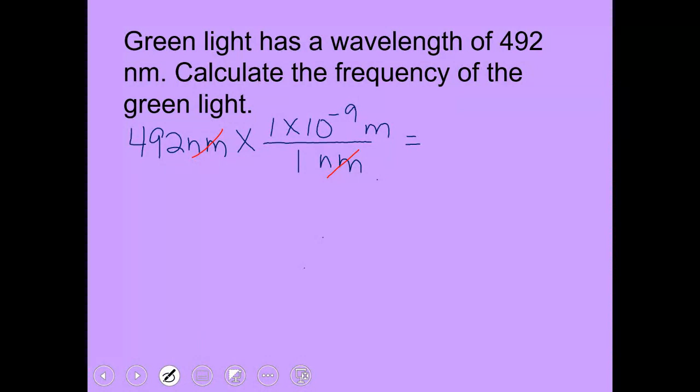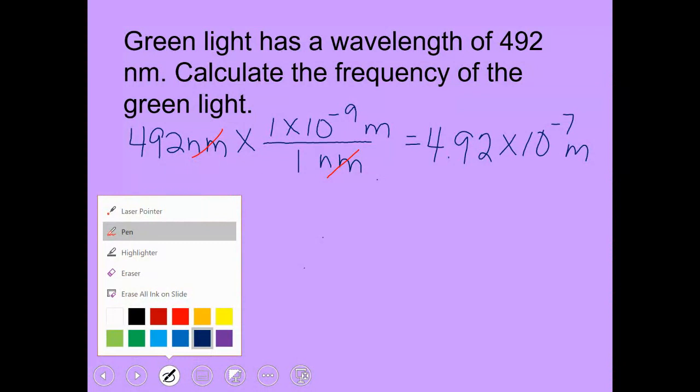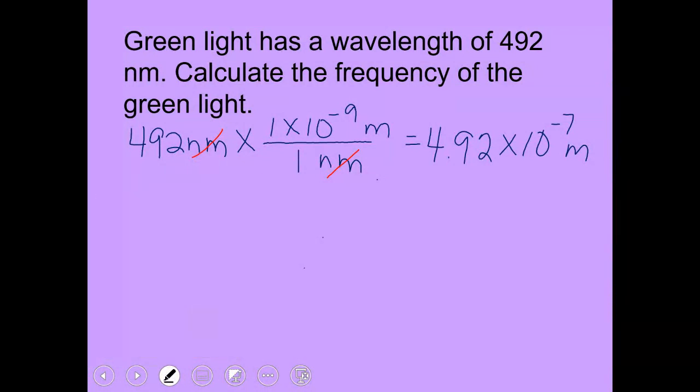When you plug this in your calculator, remember that you have to plug in 1 and then use the EE and then enter the negative 9. Different people's calculators are a little different, so that could be a little different on some of them. Make sure you can use your calculator and you get this answer.